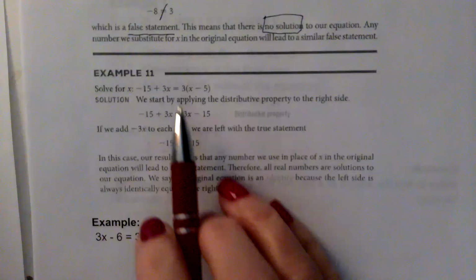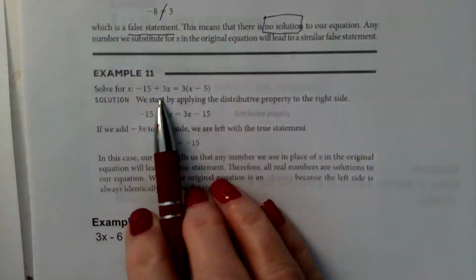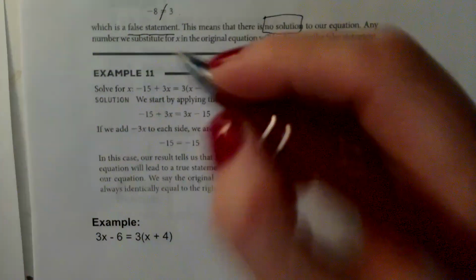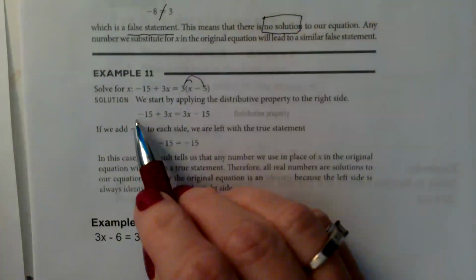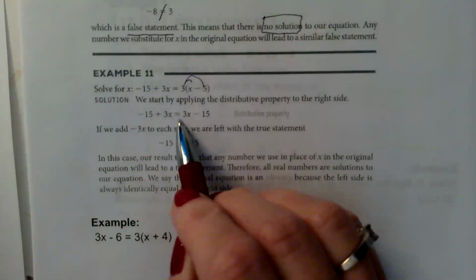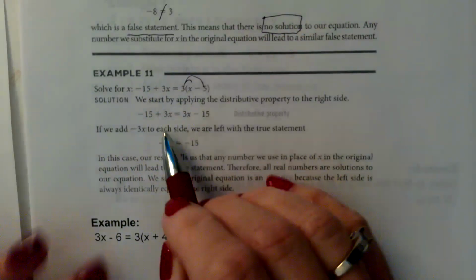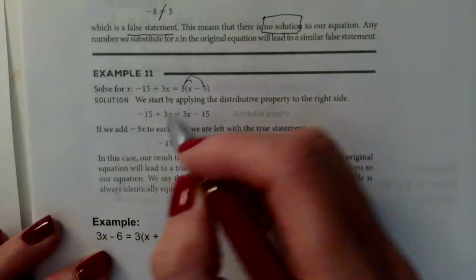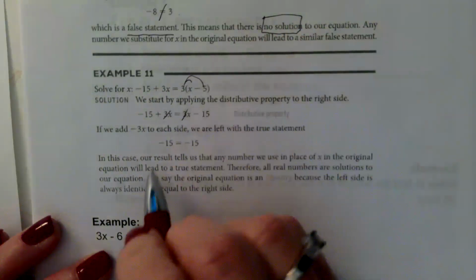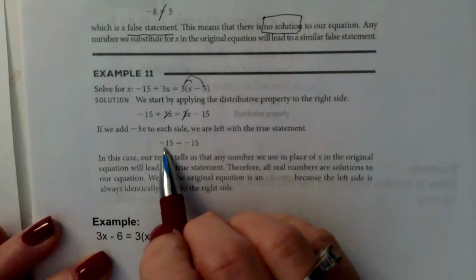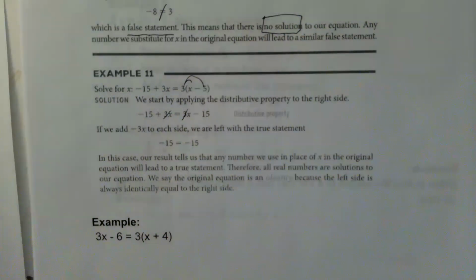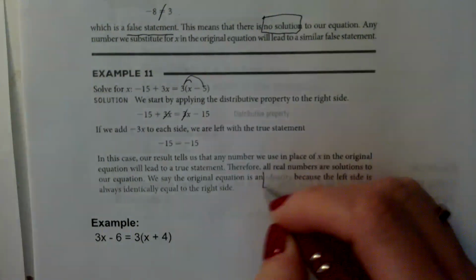Let's look at example 11. So example 11, we have to distribute here. So we have a negative 15 plus 3x equals 3x minus 15. So if we subtract 3x from both sides, they cancel, and then we end up with a negative 15 equals a negative 15. So that means that it's an identity.